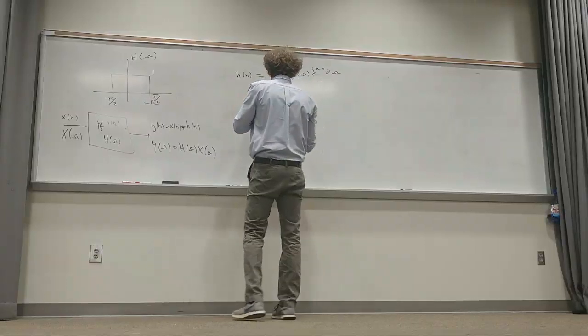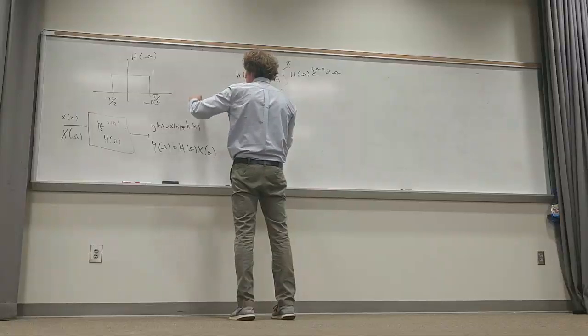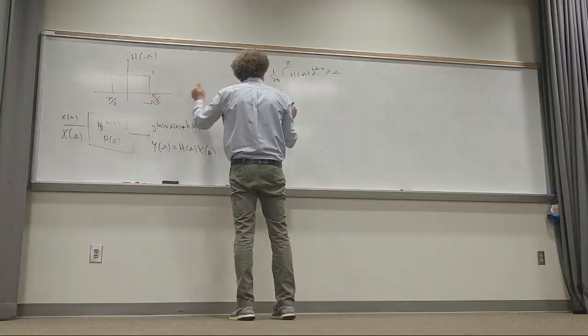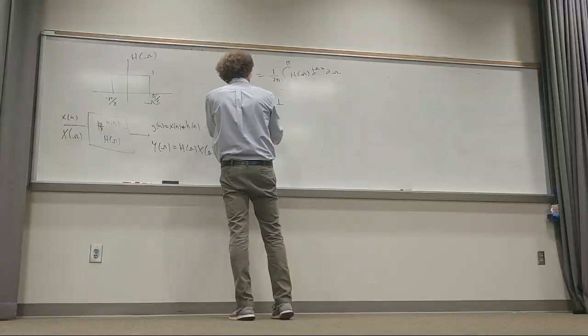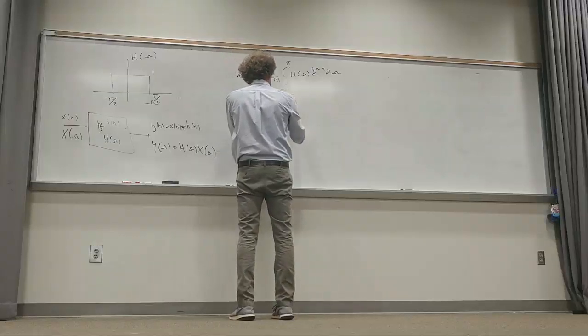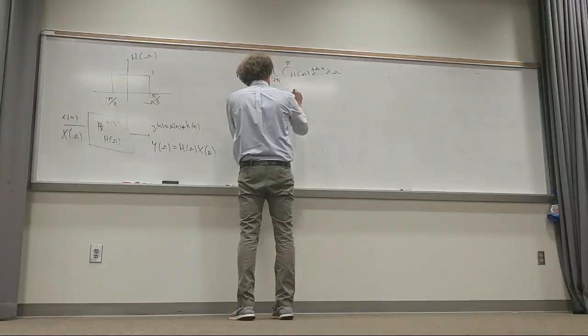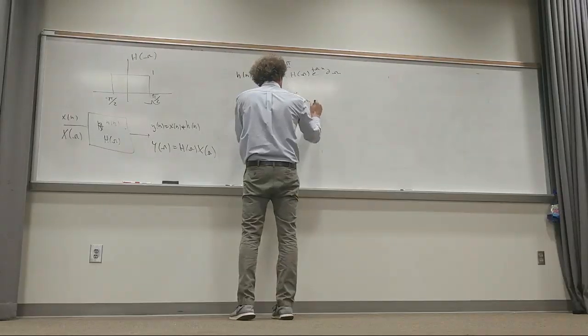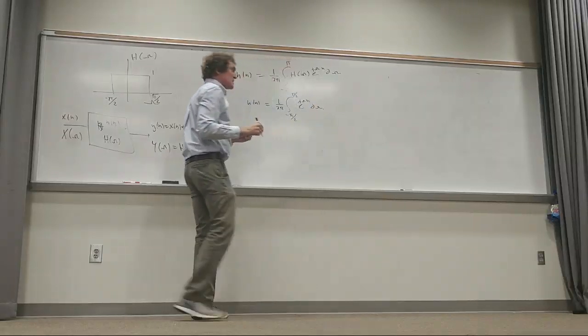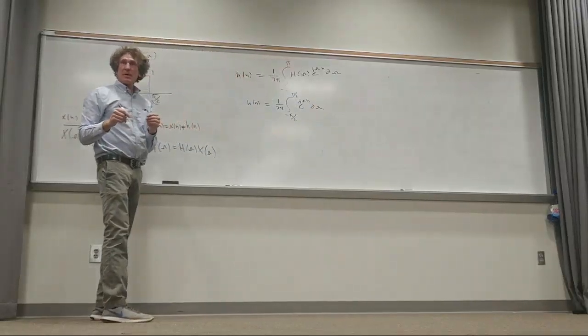This is synthesis. So for ours, because our filter has a value of 1 from minus pi to pi, I simply say that my h of n here was equal to 1 over 2 pi times the integral from minus pi over 2 to pi over 2 of just e to the j omega n d omega. This is a rehash of what we did last time. You all remember that?